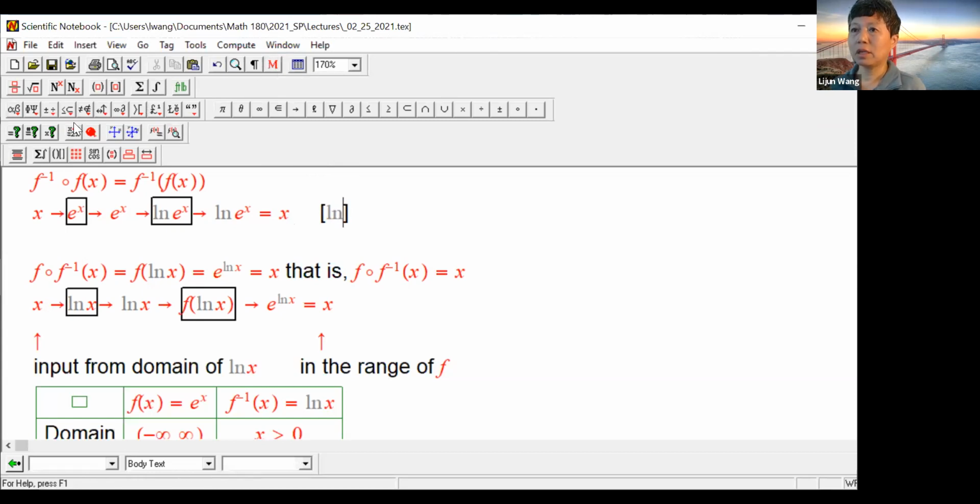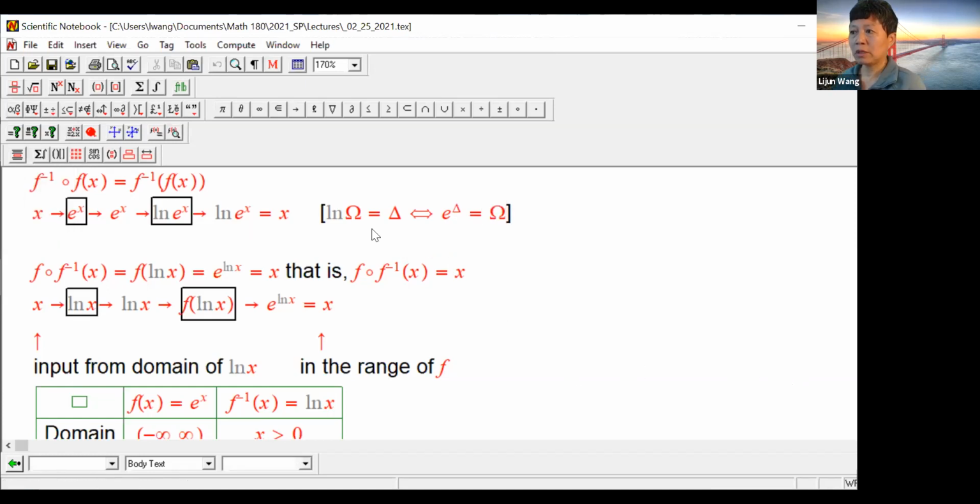This time, let me use some other symbol. ln of omega. Omega is from the domain of the ln if and only if e raised to the power of triangle is equal to omega.